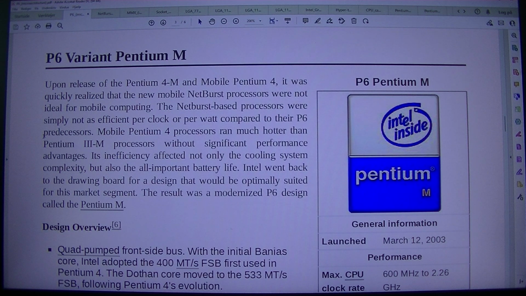Mobile Pentium 4 processors ran much hotter than Pentium III-M processors without significant performance advantages. Its inefficiency affected not only the cooling system complexity, but also the all-important battery life. Intel went back to the drawing board for a design that would be optimally suited for this market segment. The result was a modernized P6 design called the Pentium M.